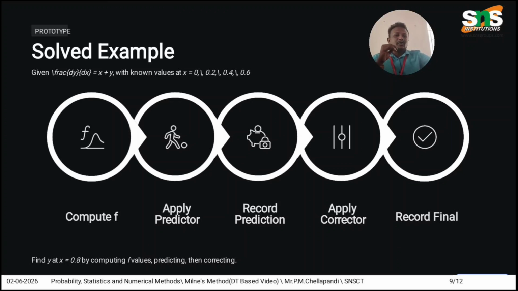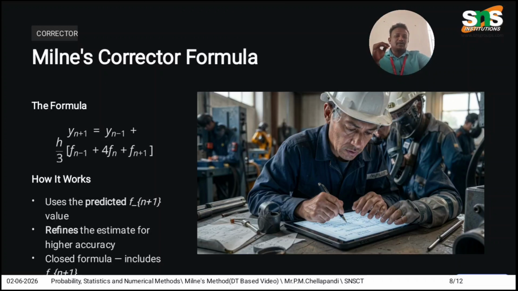Let us come to prototype. The corrector formula is our prototype. Suppose we are given dy by dx is equal to x plus y, and we already know values at x equal to 0, 0.2, 0.4 and 0.6.